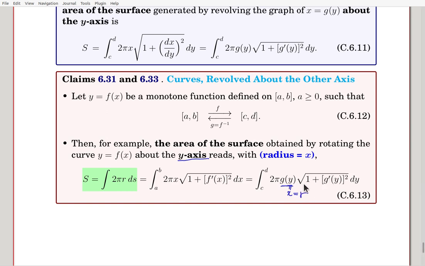And then this portion is ds. ds can be written in this form. So even though rotation is about the y-axis, you can integrate in the x direction or the y direction when you can express the curve in its inverse form.